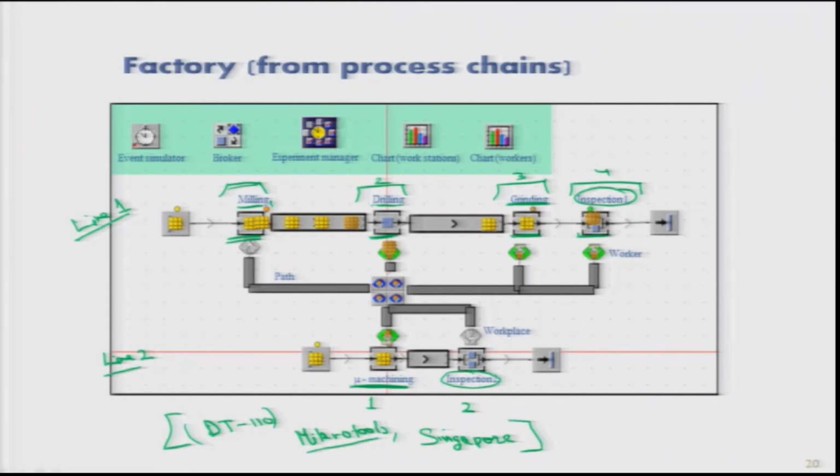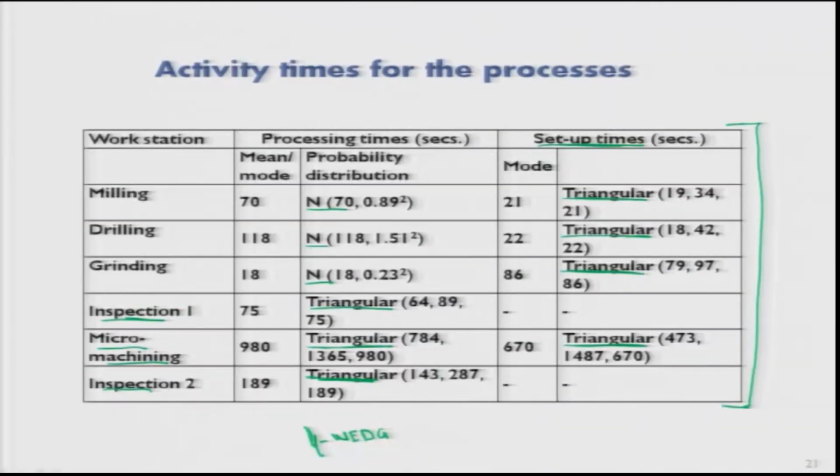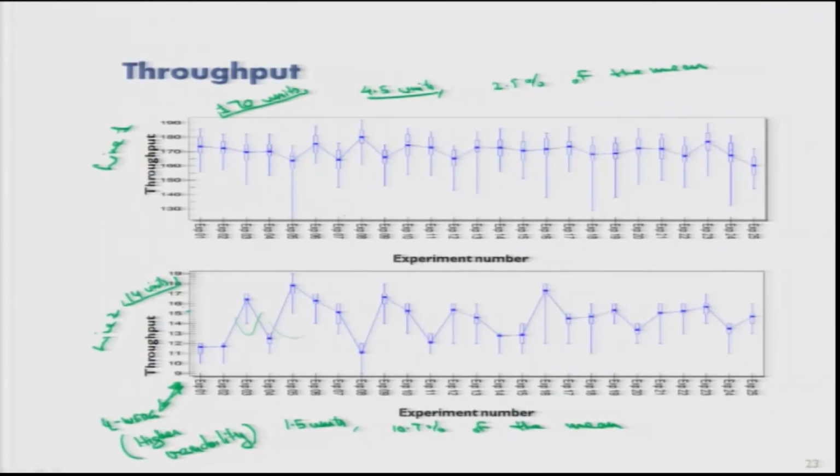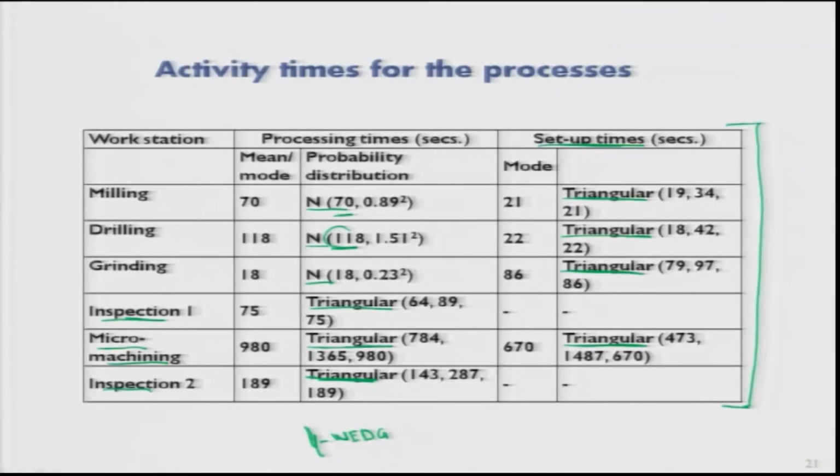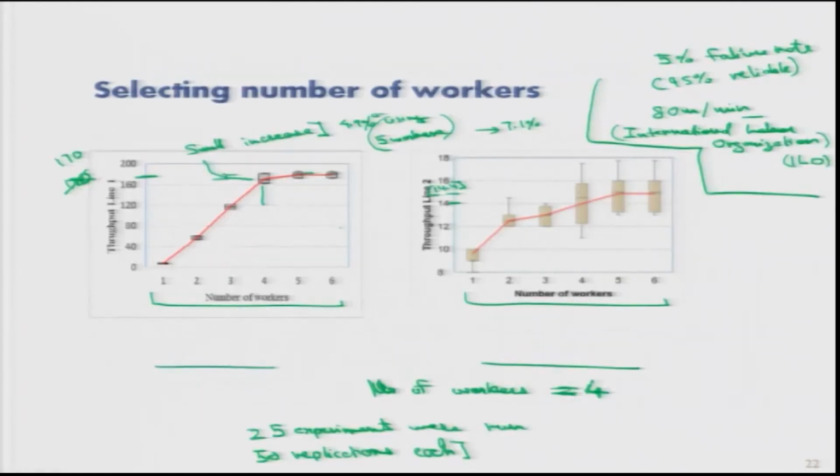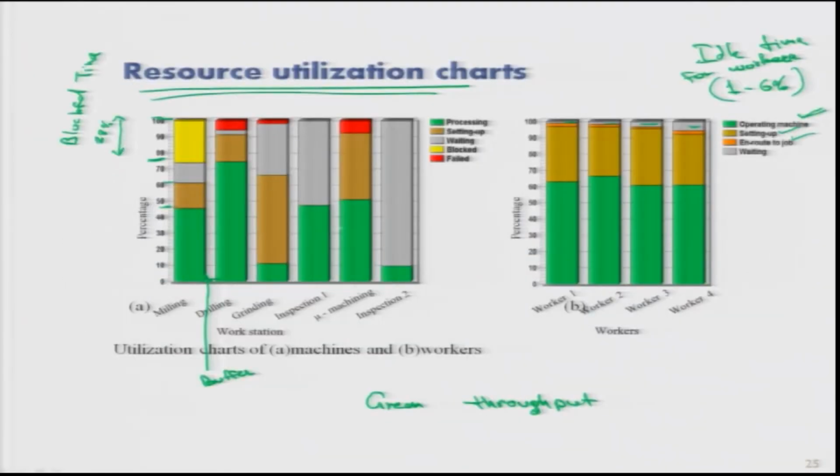Not the inspection, but milling, drilling, grinding and micro machining are operating at their green settings. So, this is my smart factory. In this case you can see the drilling time was quite high in comparison to the milling time. That is why this blocking happened.